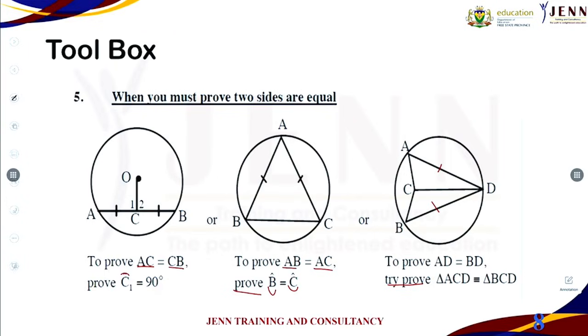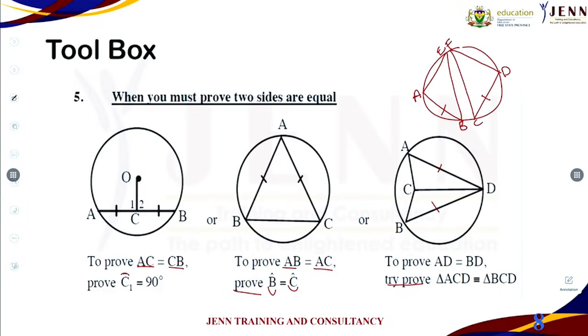The other scenario which I did not cater for is when I want you to prove that this chord is equal to this chord. So let's say we have chord AB and then chord CD, and then this is F, this is E.